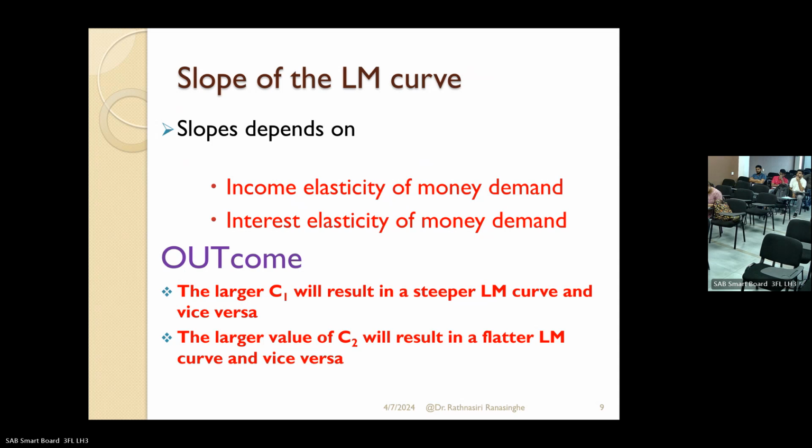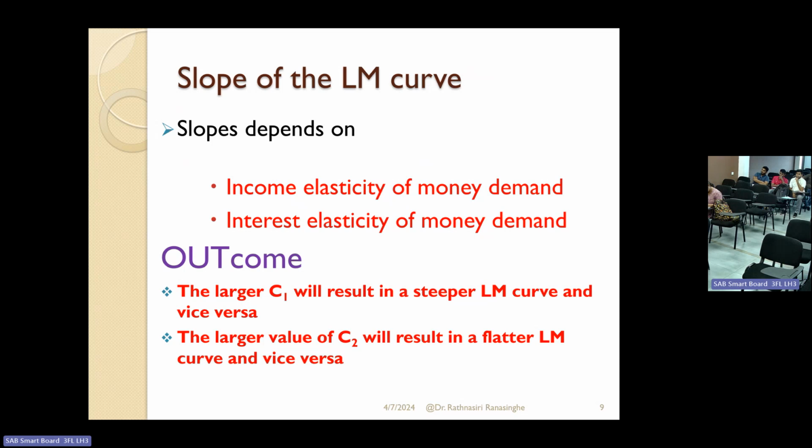Normally, if there is a high C1, slope becomes steeper. If income elasticity of money demand is high, we have a steeper LM curve. If it is low, we have a flatter LM curve. And also C2, if it is high, we have a flatter LM curve.